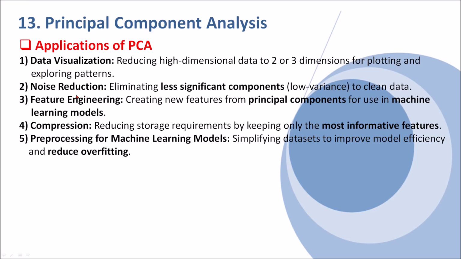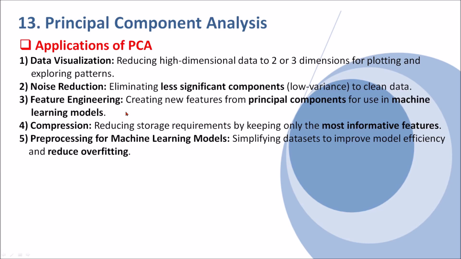Second, we use it for noise reduction, namely eliminating less significant components, namely low variance, to clean data. In other words, principal component analysis is a dimensionality reduction, where less significant components are removed. Therefore, it can be used for noise reduction.